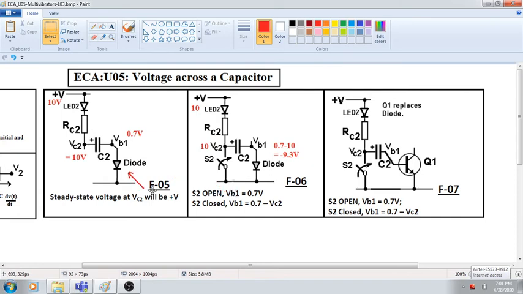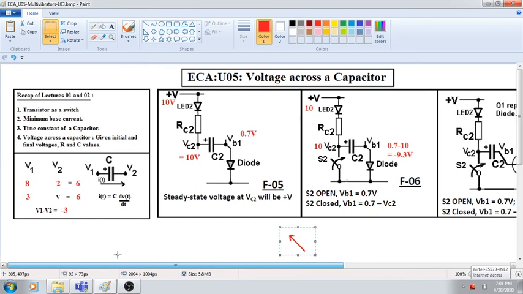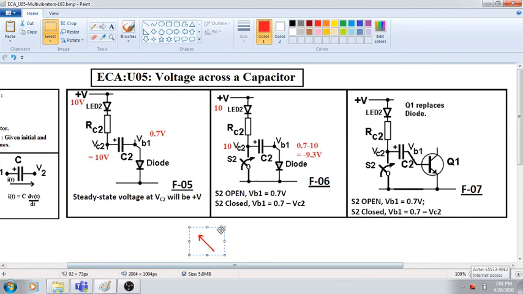Okay. Now you remember our earlier analysis, what we have done here. Please try to remember. This is going from 10 to 0 volts. What is the voltage at V2? It is 0.7 volts. So this is falling from 10 to 0. What will happen to the other side? Now you should be able to answer. At the other side, the voltage has to be falling in such a way that the difference is same.